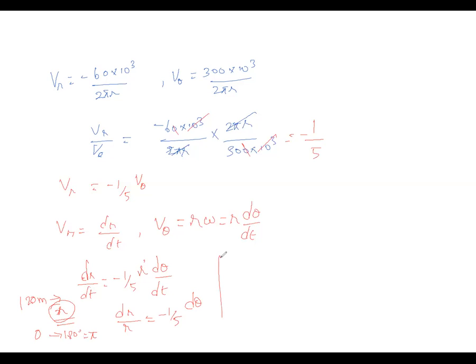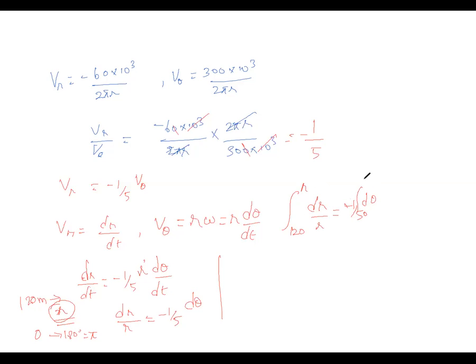So if you integrate this, for the distance parameter you have the integral from 120 to r of dr by r equal to minus 1 by 5 integral d theta.